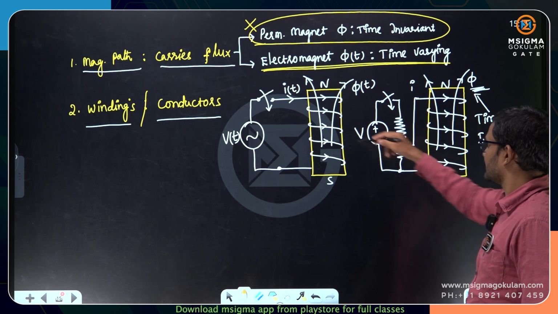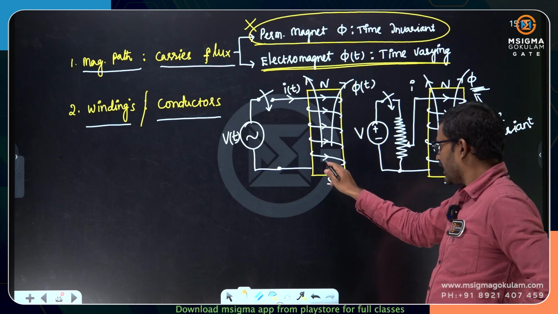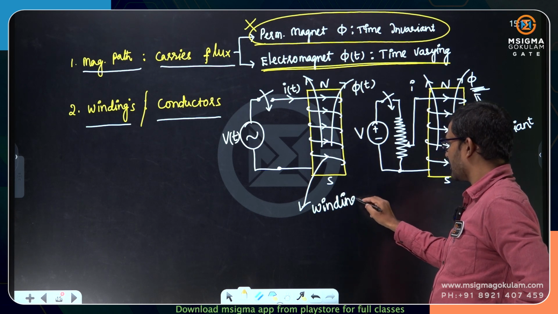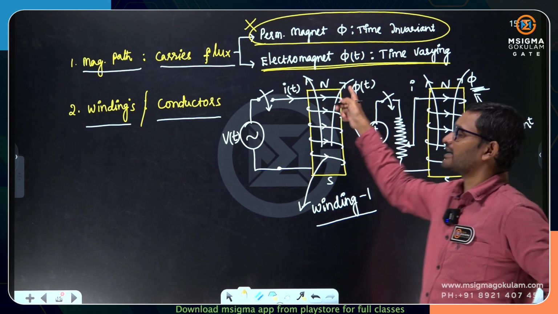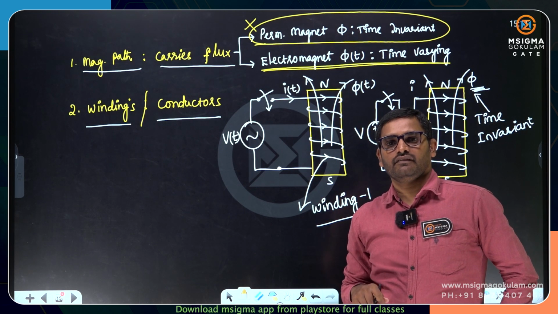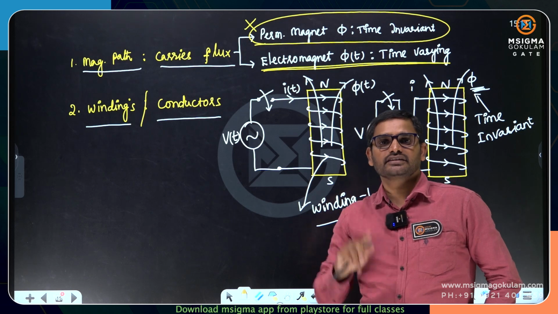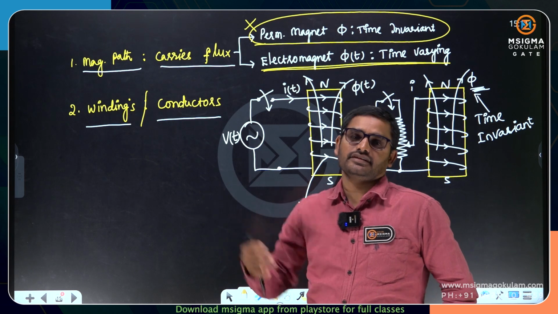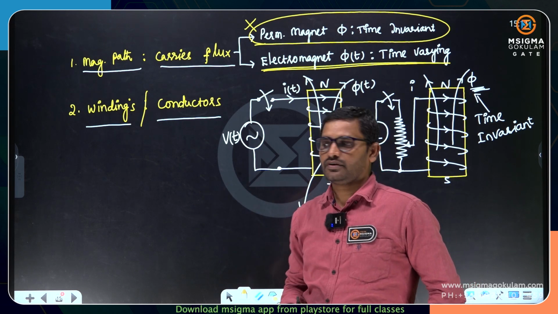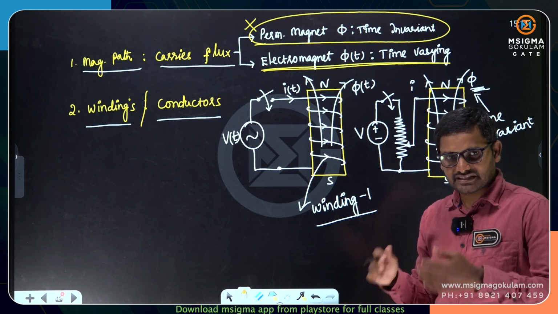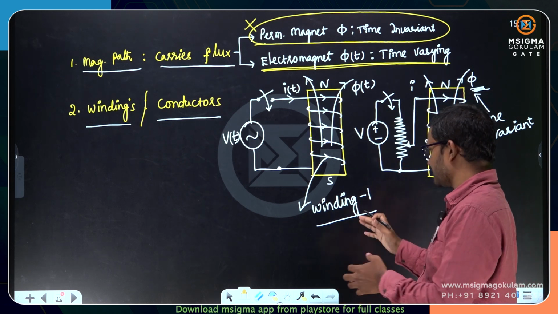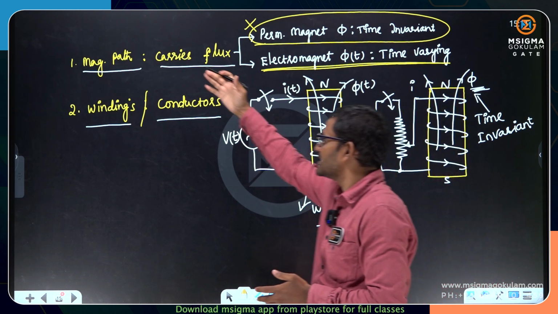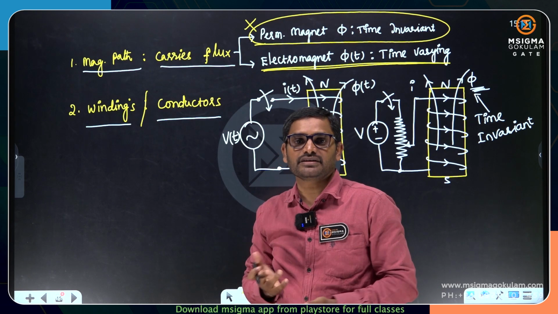In any machine, one winding's purpose is to create the magnetic field, and the other winding's purpose is to create the electrical energy. Because for energy conversion, magnetic field and conductors are a must.